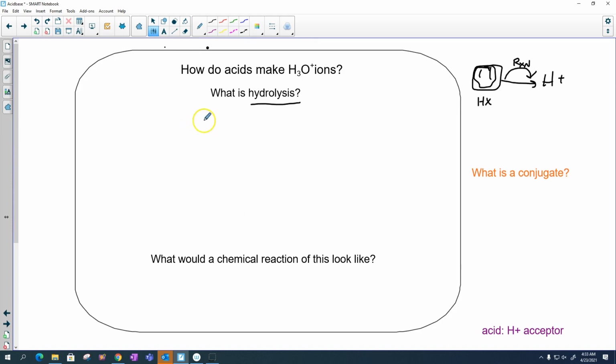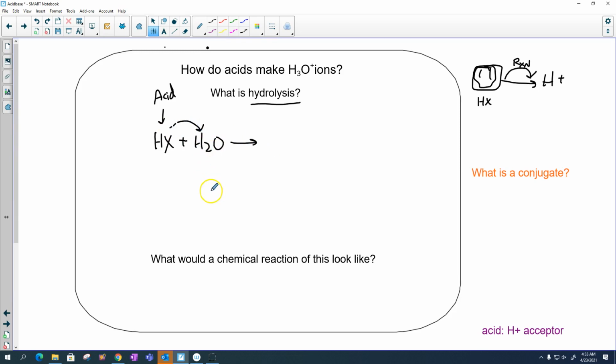Alright, so we know water plays an integral role, and it essentially is H+. Let's say HX, our acid. This is a generic acid. And it's going to react with water, and it's going to donate an H to the water.